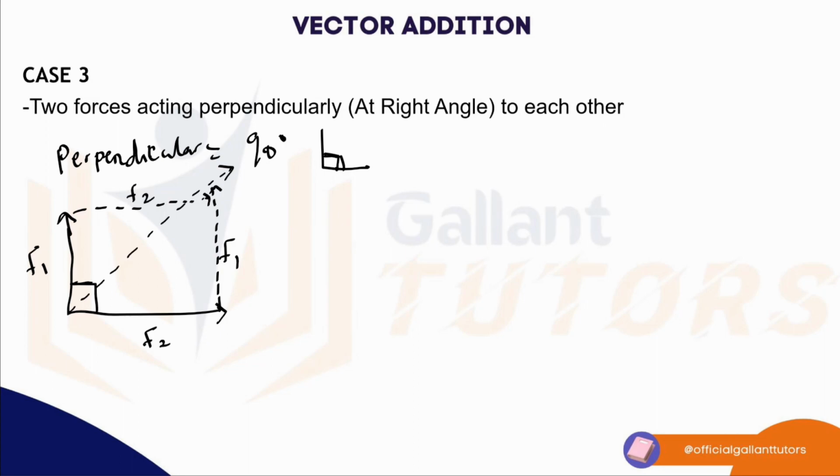Alright, so I can just cut this off to make it look like this. So here becomes F1, here becomes F2, and here becomes our R, which represents our resultant. Okay, whenever you see such a question as this, what you're going to make use of is the Pythagoras theorem.